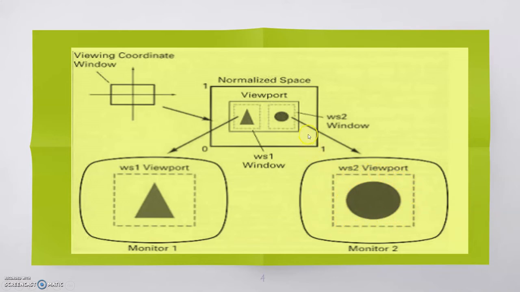When we are viewing a sub-area of the total area separately, we call it a viewport. This is the viewing coordinate window. This is how we view a 2D representation in a device coordinate system.